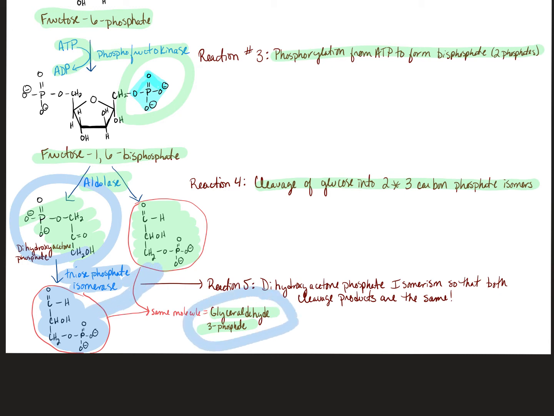And so you end up with two molecules of glyceraldehyde 3-phosphate when you go into reaction 6. So when you start the next 5 reactions, you almost have to consider, hey, I've got 2 of these for every glucose that I started with. So you'll start to see the numbers sort of double, and that's the reason why.